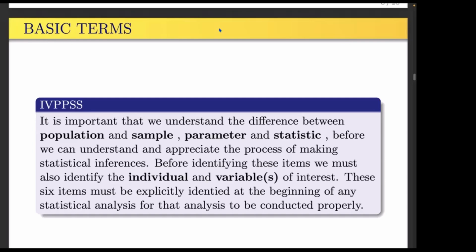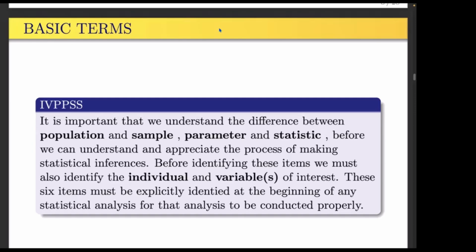Our parameter is a number we use to symbolize the population. If you take population, a parameter can be mu, the symbol like a U with a longer bar beneath it. Then we have the sample, which is just a subset or a part of the population. If you want your population to be the whole of Ghana, you can't count every individual for that research, so you take a sample.